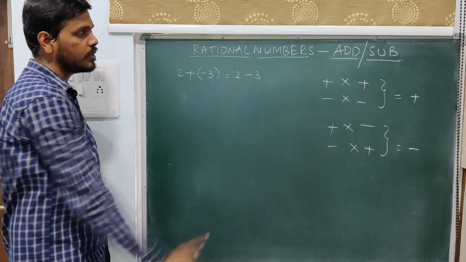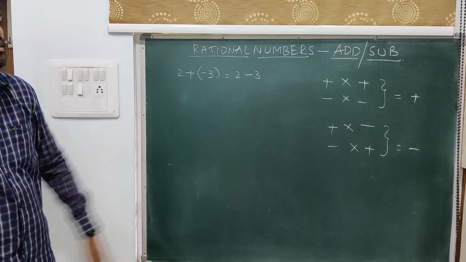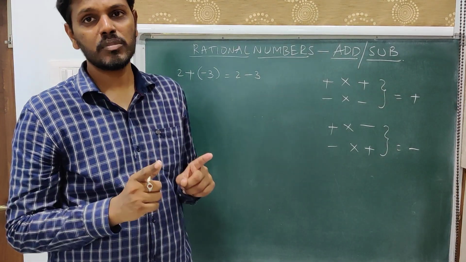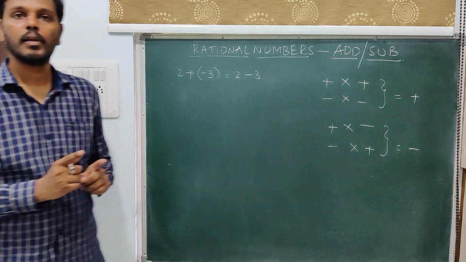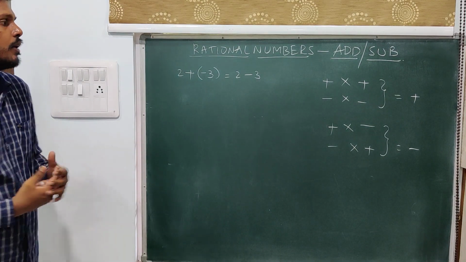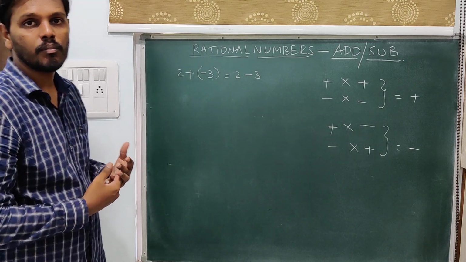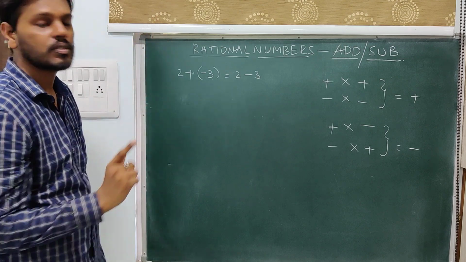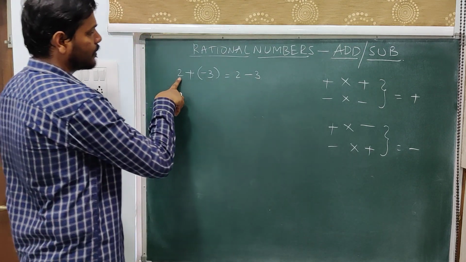So 2 minus 3. Now here we apply some rules. Whenever you have numbers of the same sign, you will add them. Whenever you have numbers of different signs, you will subtract them. And in both the cases, whichever number has the highest value, you will put that number's sign. For example, 2 minus 3.